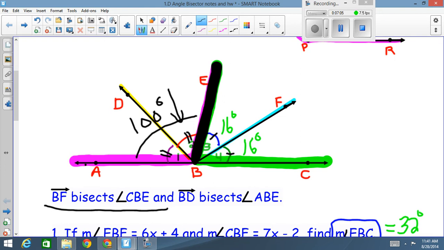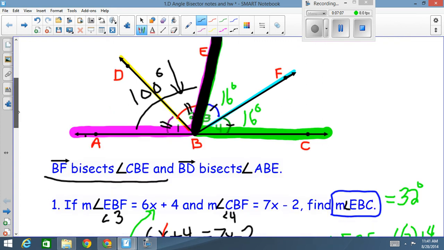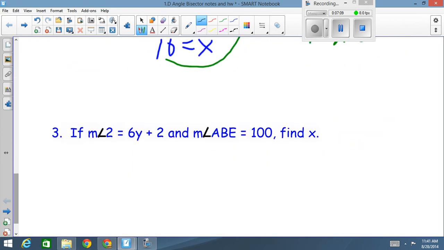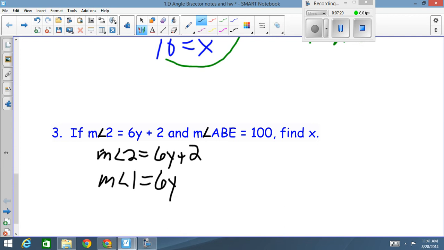Okay? I know angle 1 and angle 2 are the same. So if angle 2 is 6y plus 2, I know angle 1 is also that same value, 6y plus 2. And the two of them together, angle 2 plus angle 1, equal that whole thing.